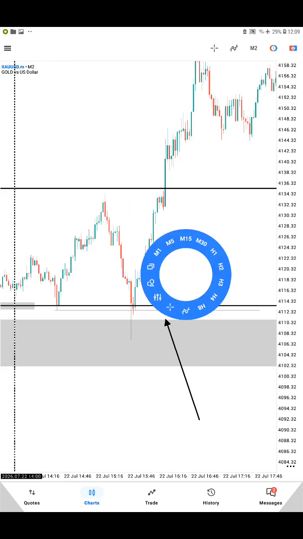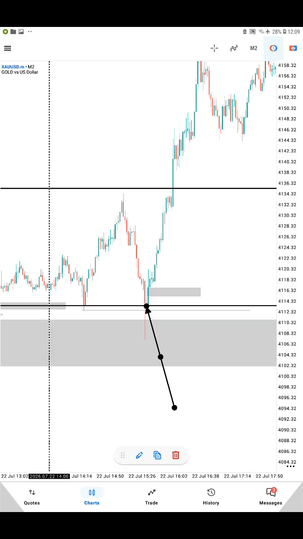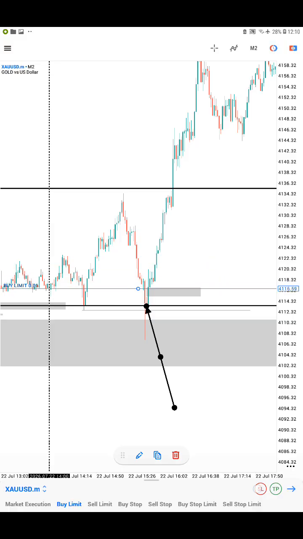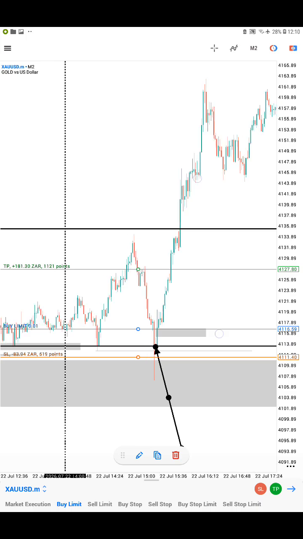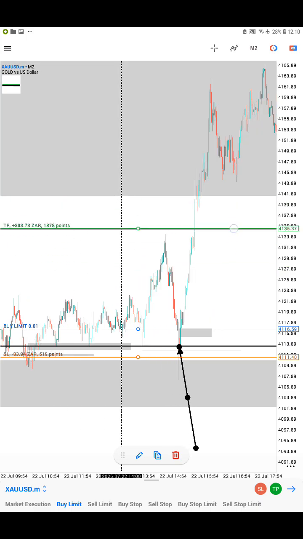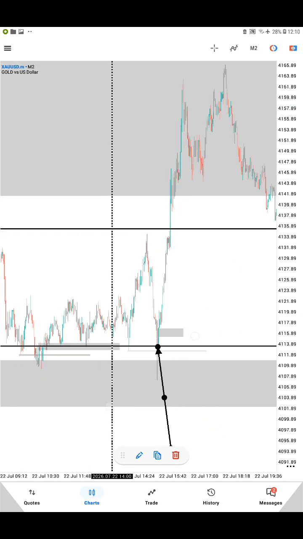What we see here, we had a fair value gap right there, and very unfortunately it did not touch this fair value gap, because what I could have done here, I could have spotted this fair value gap and placed my pending order right here, and stop loss right below here, and take profit to the next key level, or the closest high, or these 30 minutes candle range high. That is how simple this thing is.